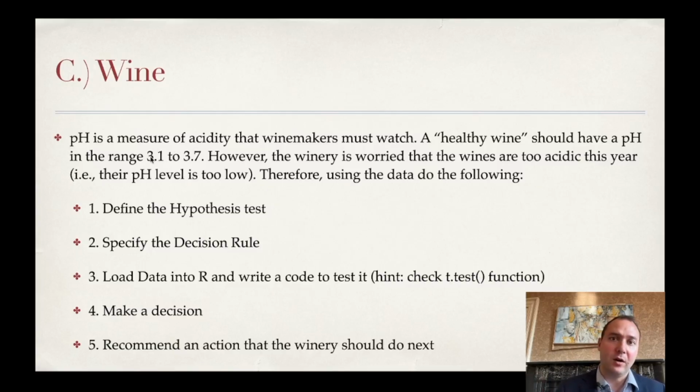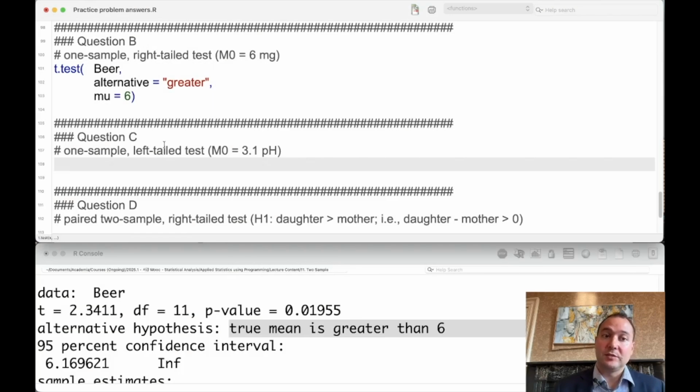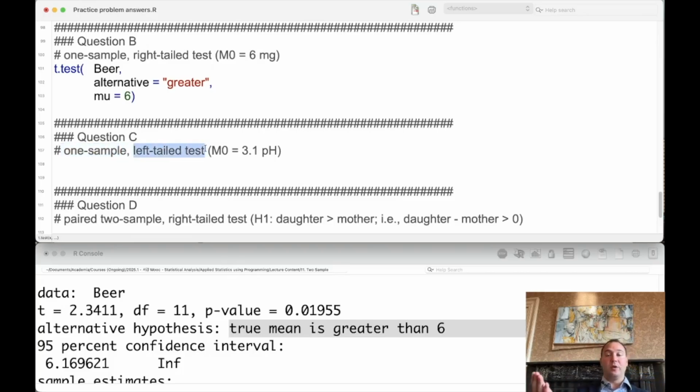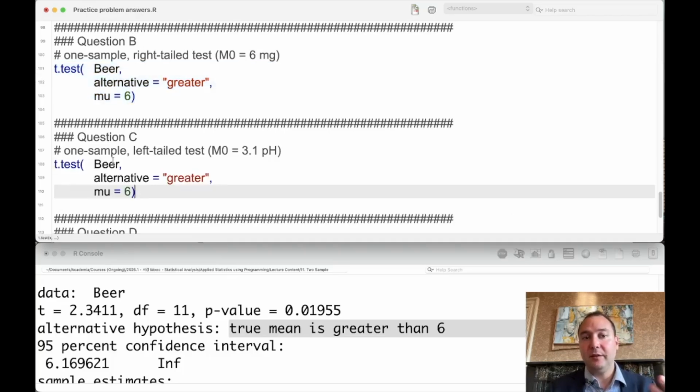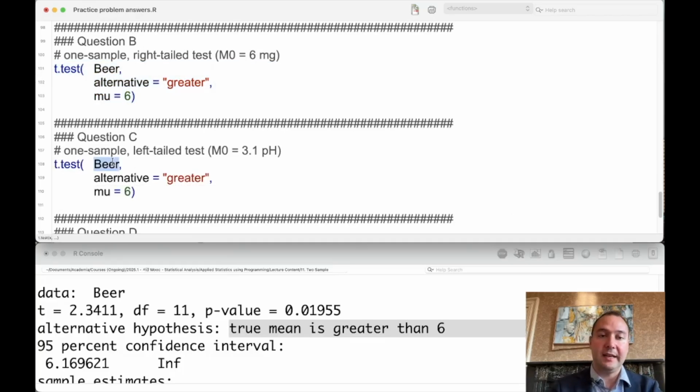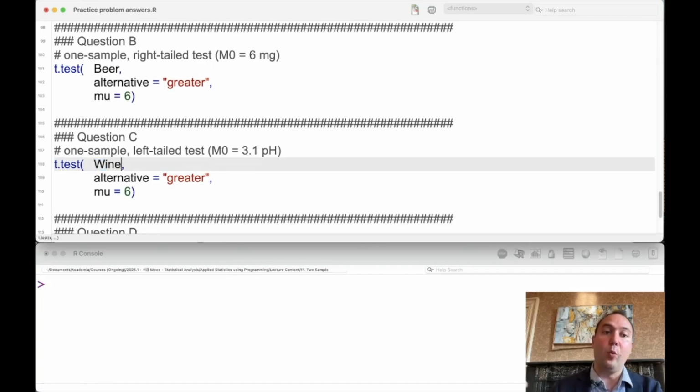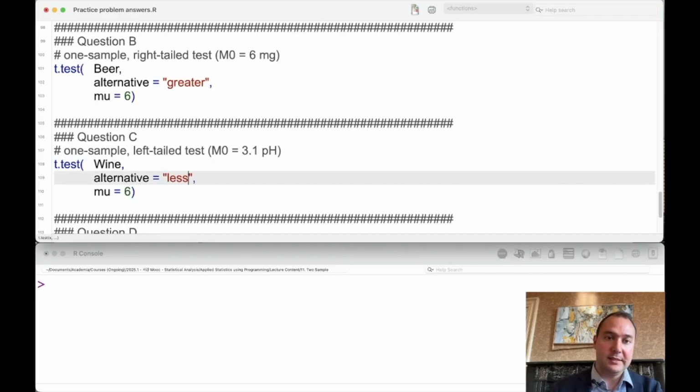So let's look at our R code again. Okay, so question C, we have a one sample test and we're looking at a left-tailed test because we're worried the pH level is going too low. So let's copy and paste our previous example and we can just change our data as we see. So wine is our new data. We're not looking at greater, we're looking at less.